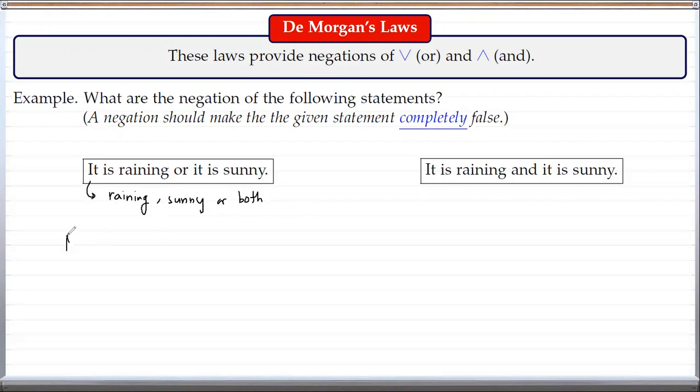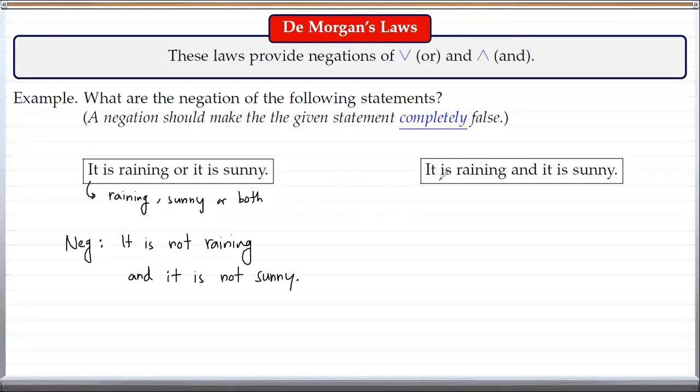That means the negation will be it is not raining and it is not sunny. This is the negation. This way it is not raining, it is not sunny, and both of them are not happening, of course.